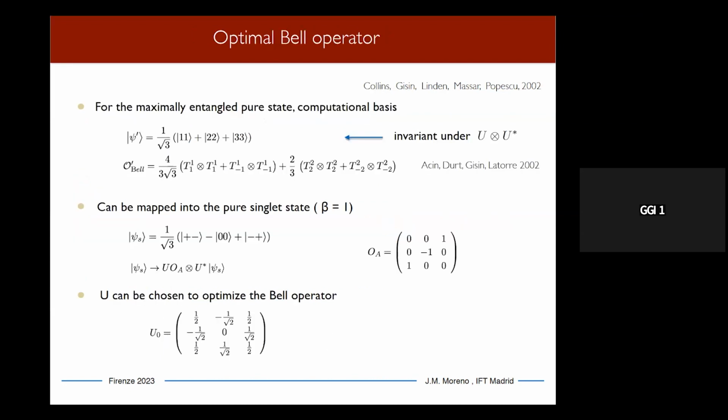In the case of a singlet state, the optimal operator was evaluated a long time ago and is known to be that one. Notice that this state, so this is not our state, this is a maximally symmetric one with all the coefficients being the same, is invariant under this unitary transformation.